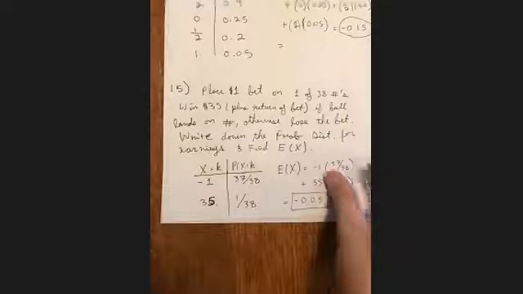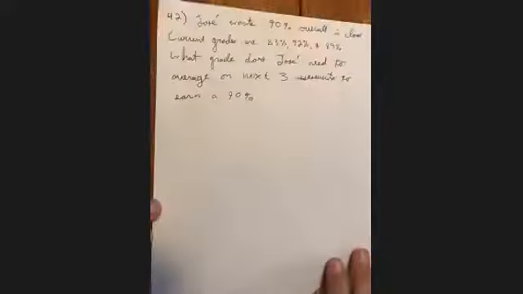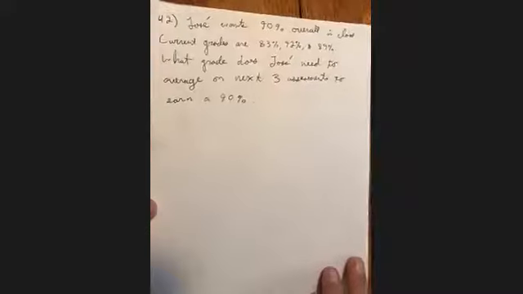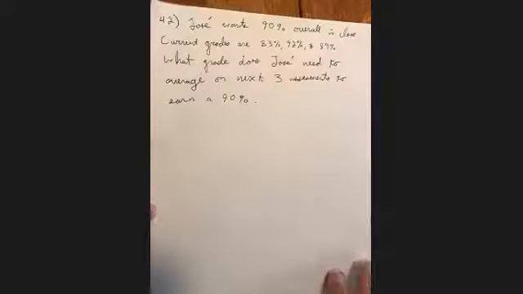Okay. And so we're going to look at one last example here. Here, Jose wants to earn a 90% overall grade in a class. Currently, Jose's grades are 83%, 92%, and 89%. What grade does Jose need to average on the next 3 assessments to earn a 90%?